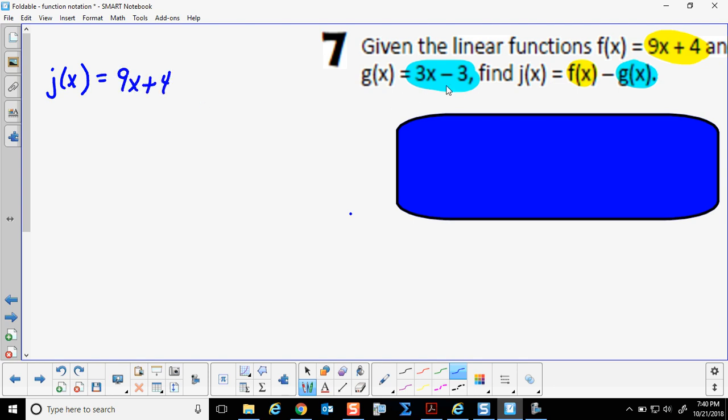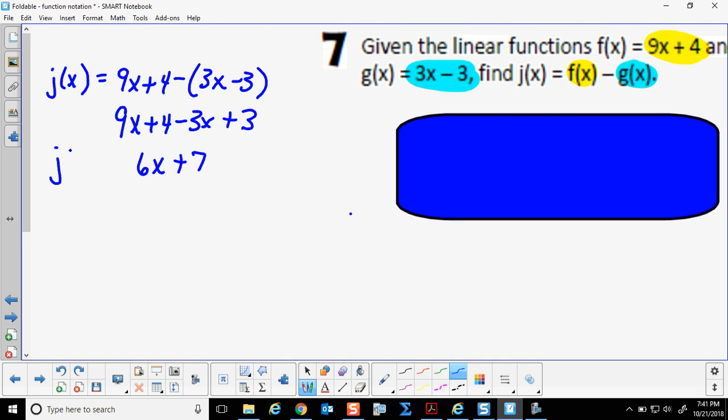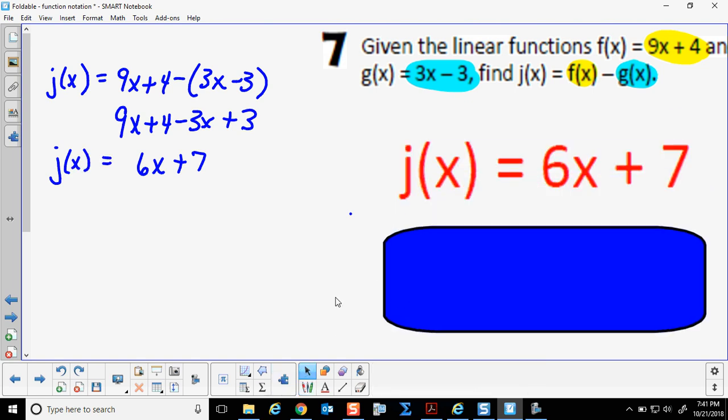Now we're subtracting 3x minus 3, so it's minus the quantity 3x minus 3. 9x plus 4 minus 3x plus 3. 6x plus 7. J of x is equal to 6x plus 7.